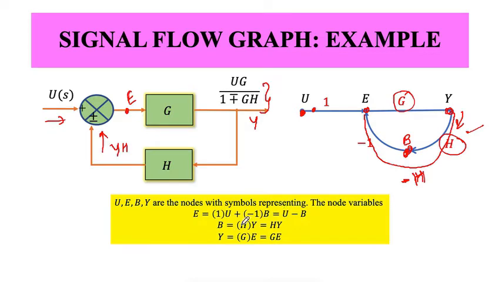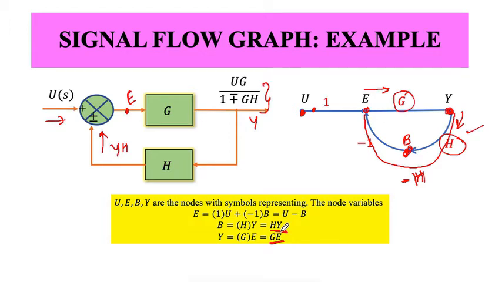So that's why our signal at B is HY. Similarly, at Y, signal E, error E is coming and it will multiply with G.